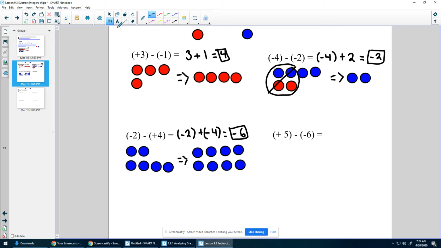Okay, this last one here. 5. Add the opposite. And then we can show that with our chips. Positive 5, and then we're going to add 6.